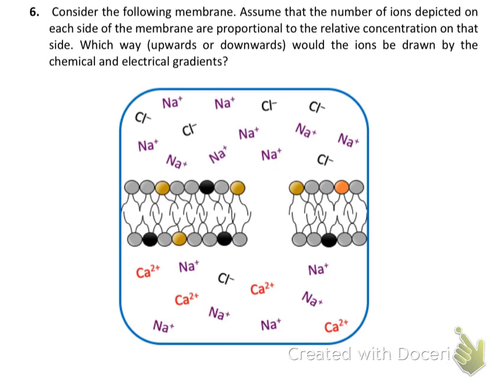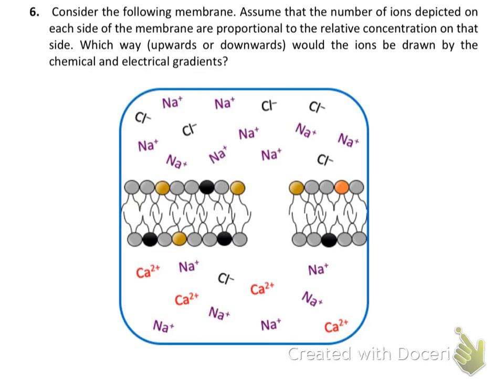In this question, we have three different ions. We have sodium plus, we have chloride, and we have calcium 2 plus. And our question is, which way are they going to be drawn by the forces of the chemical concentration gradient and the electrochemical gradient? So, basically, the two key ideas here are as follows.